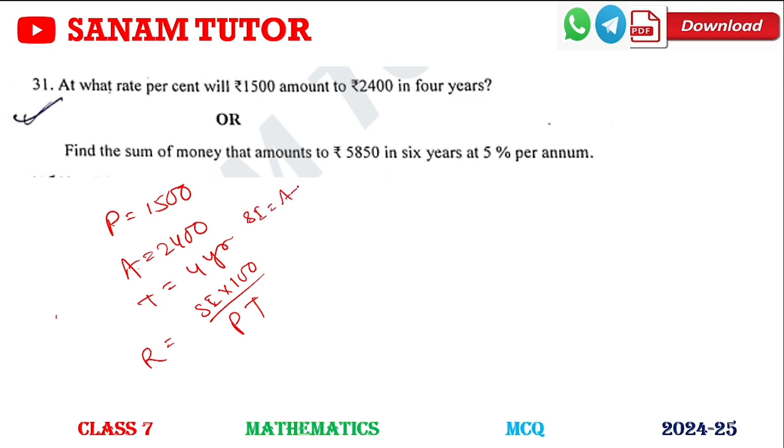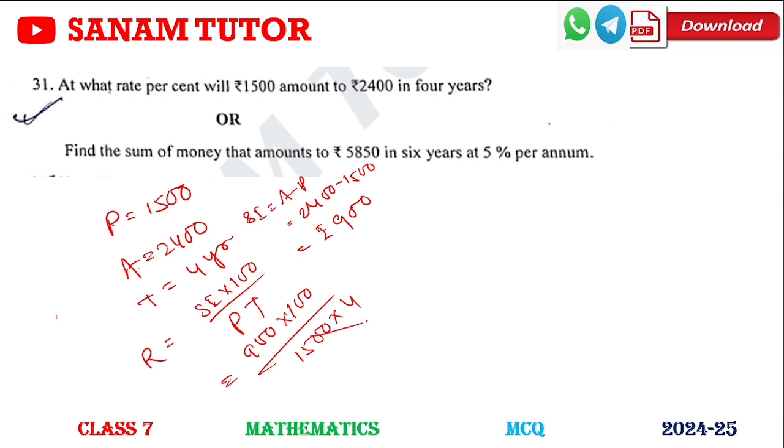A is 2400 minus 1500, so that is 900. So put the value 900 into 100 divided by P into T, which is 1500 into 4.